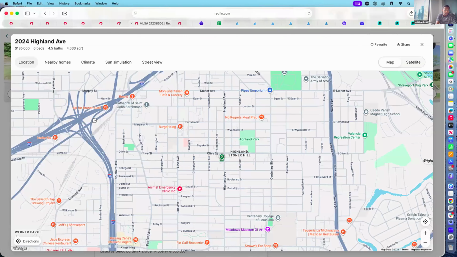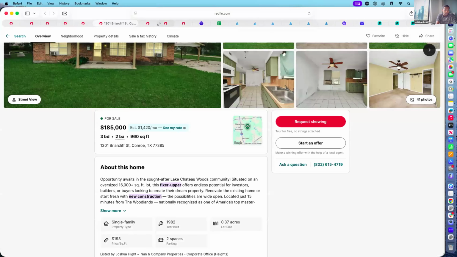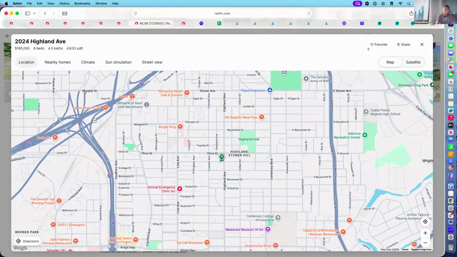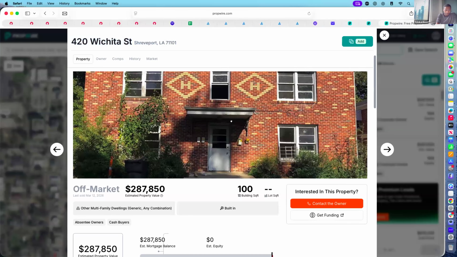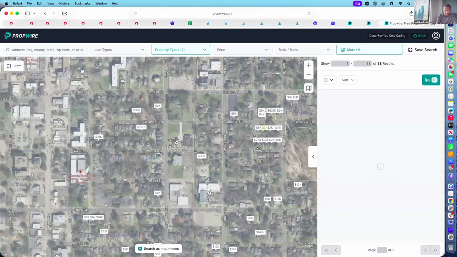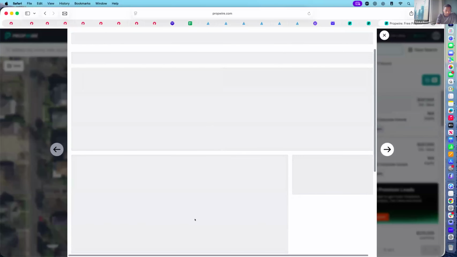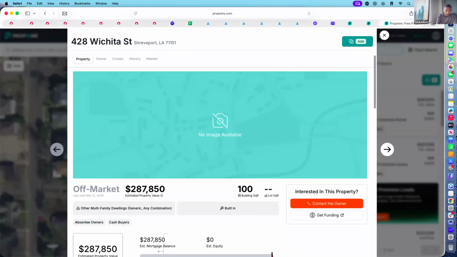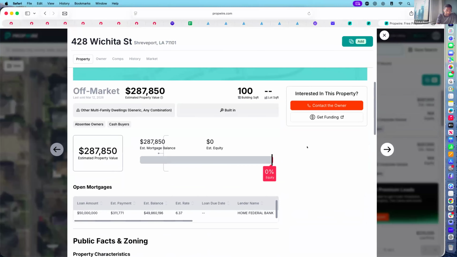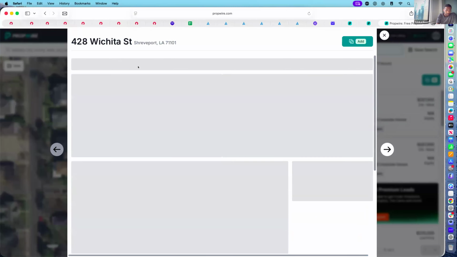Because the subject property is sitting at what, 189 list? 185, yeah. 185, 4,600 square feet. Doesn't look like we're gonna bring it down too much. I'm just trying to get it. If I get a square footage comp, we're okay.